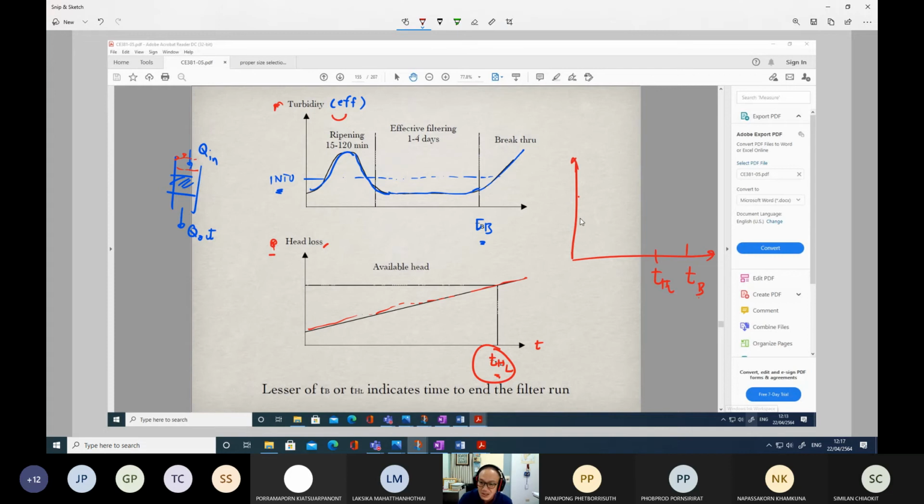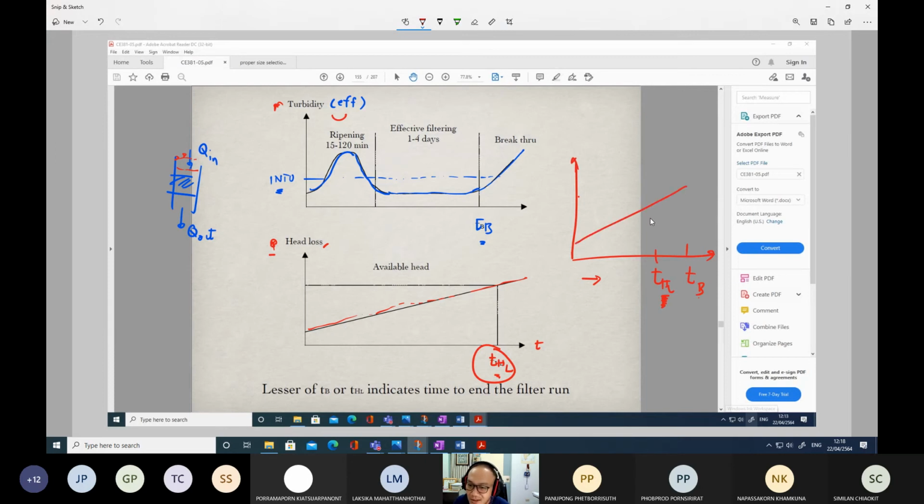Because if we want to go for the backwashing process, the time when it reaches the head loss limit should be before the time to reach the breakthrough times for the turbidities.